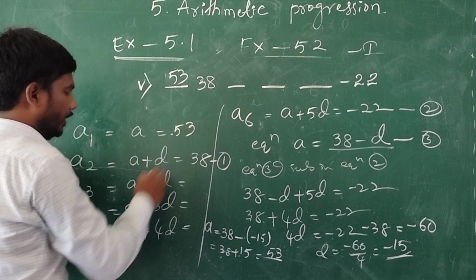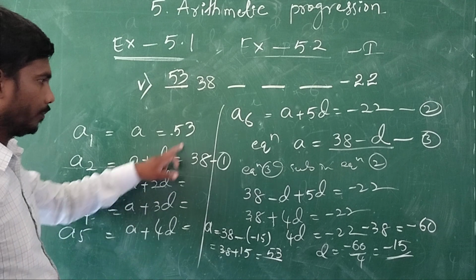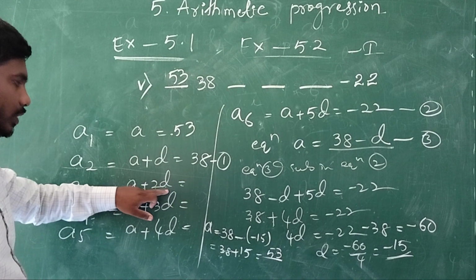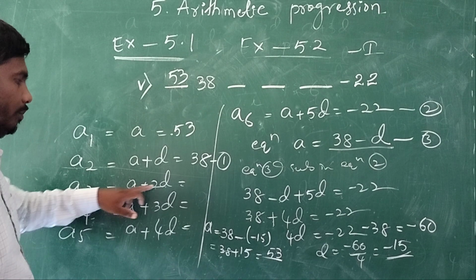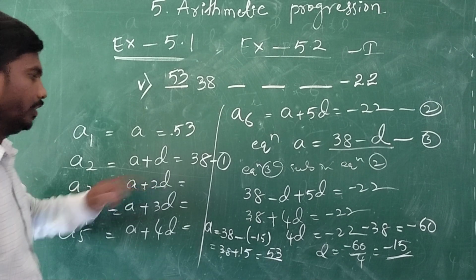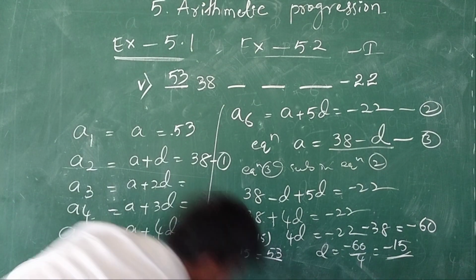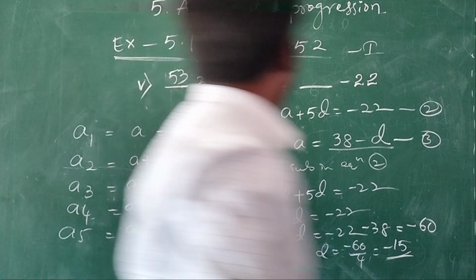Next, a plus 2d. The a value 53 came. Okay, one by one.